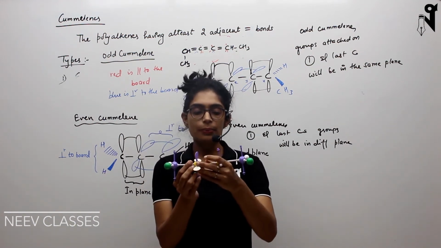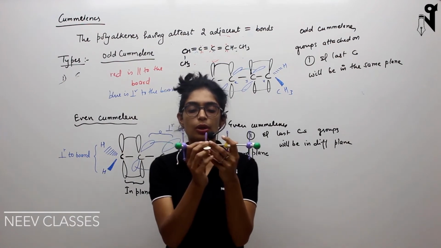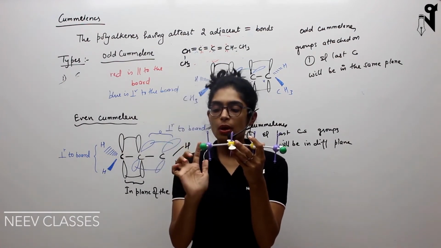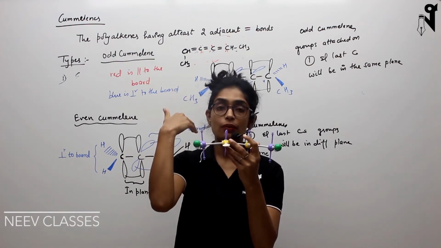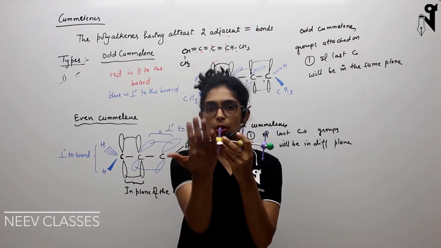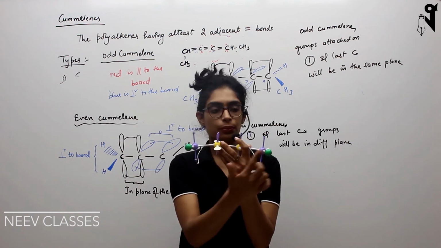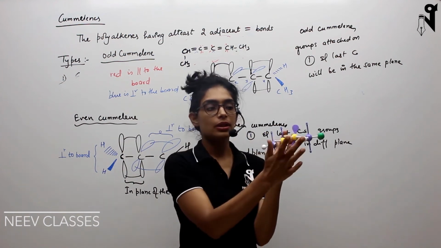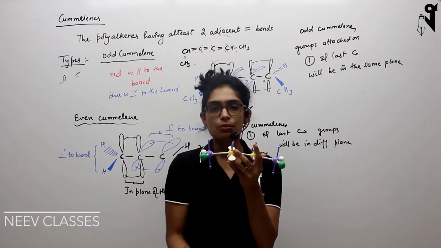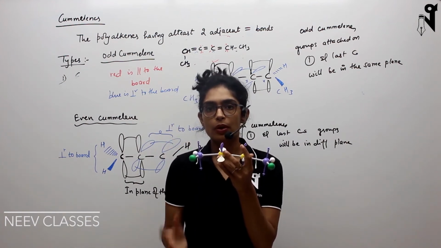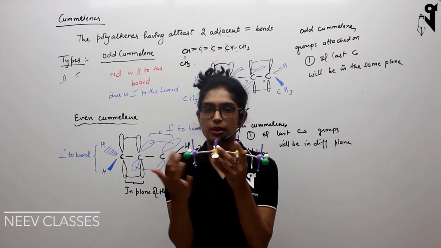Okay, so now please look at this molecule again carefully. Now both of the hydrogens are away from the viewer, that is, I'm talking with respect to you. So if you are looking at the molecule, the CH3s are towards you, and these hydrogens are away from you. So both of the CH3s are in the same direction, correct?